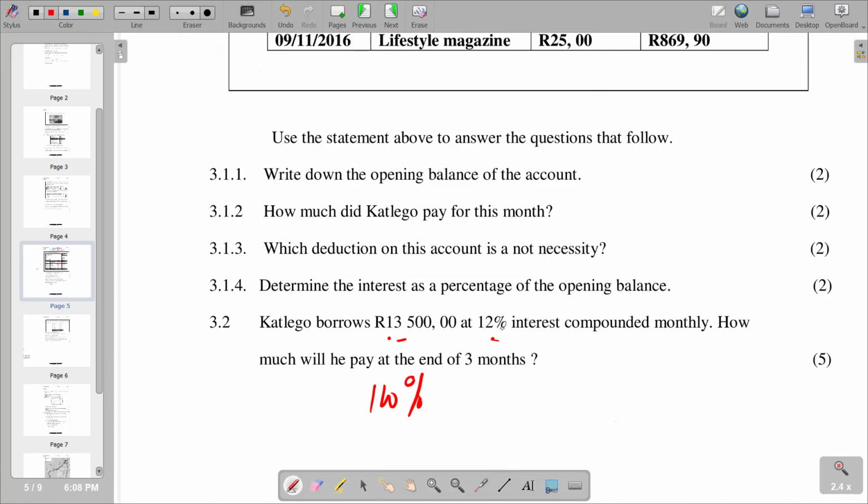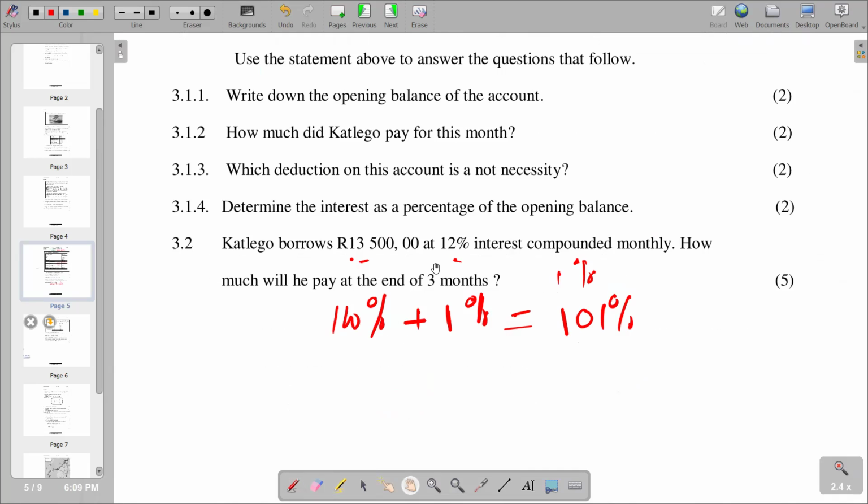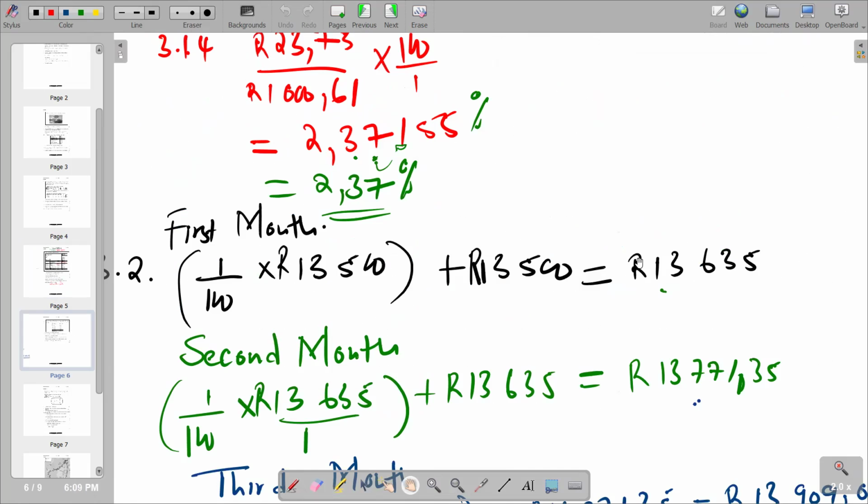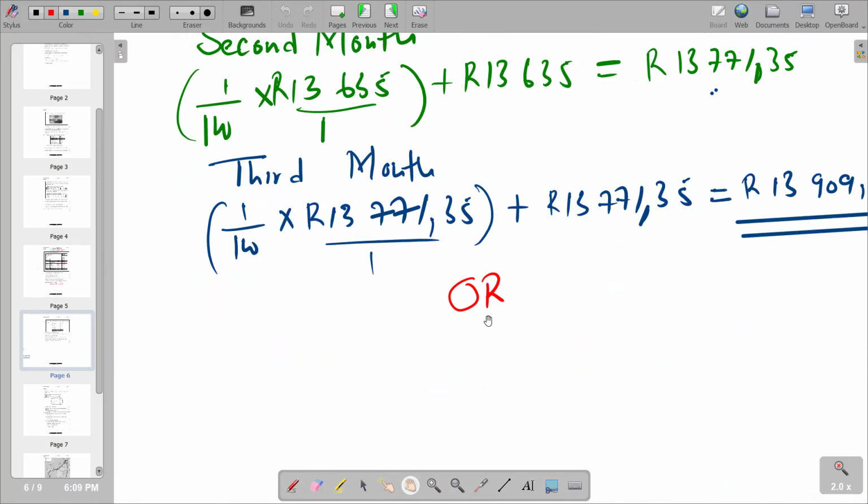Then after the 4% that we have converted to be 1%, remember, it's now plus 1%. So it means the total will be 101%. In other words, after we've added interest, the amount will be 101%. If you come to our answer section, you'd see that after the first month, 13,635 represents your 101%. So that's exactly what we mean.